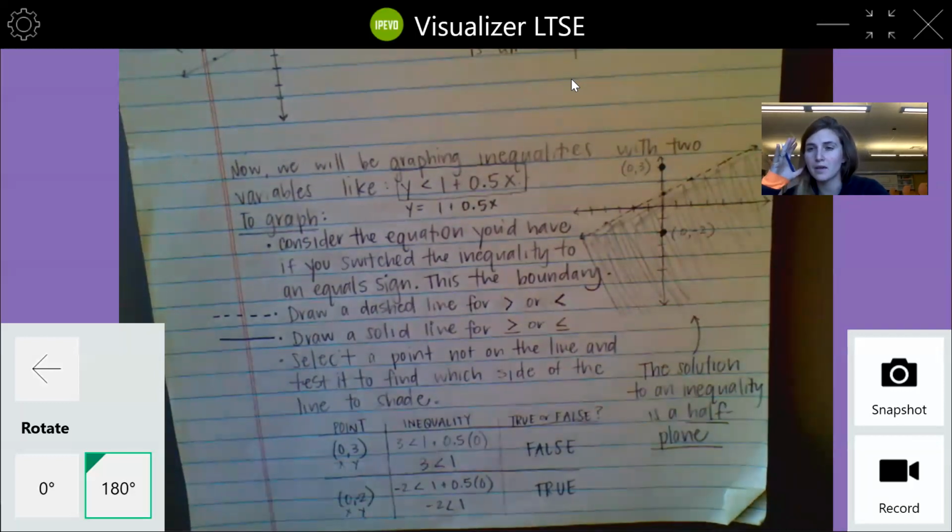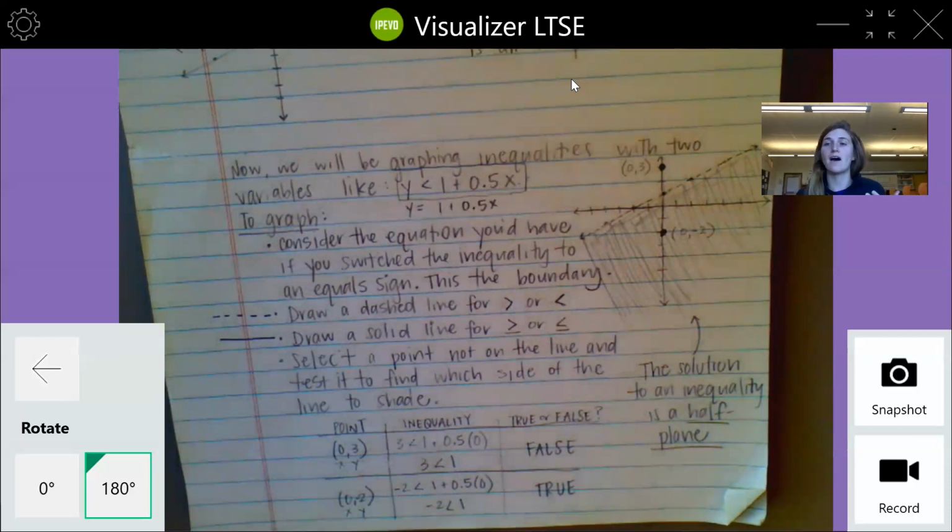Okay, so the big concept is that the solution to an inequality is going to be not just a line, not just a point, but it's going to be a region, a whole area. We call it a half plane.